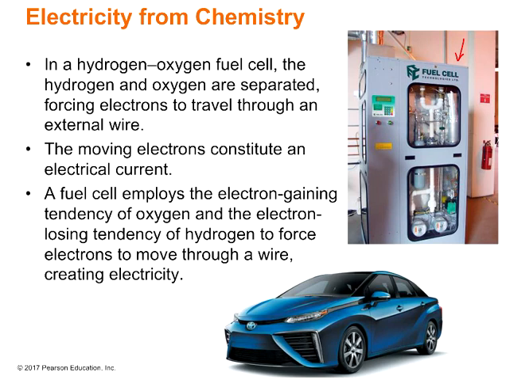And that's going to force electrons to travel through an external wire. And then the electrons will generate a current. These fuel cells take advantage of the fact that oxygen gains electrons and hydrogen loses electrons. So that's going to force electrons to move through a wire, creating electricity.